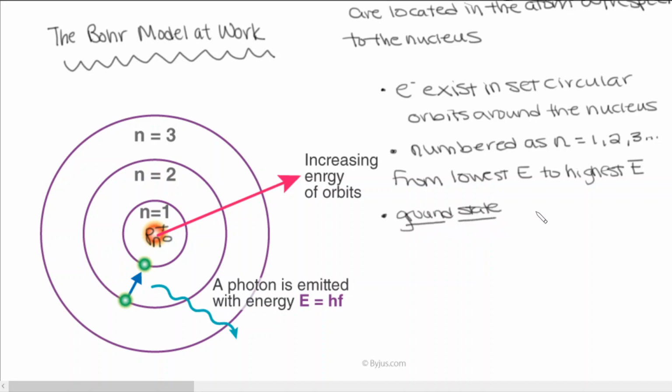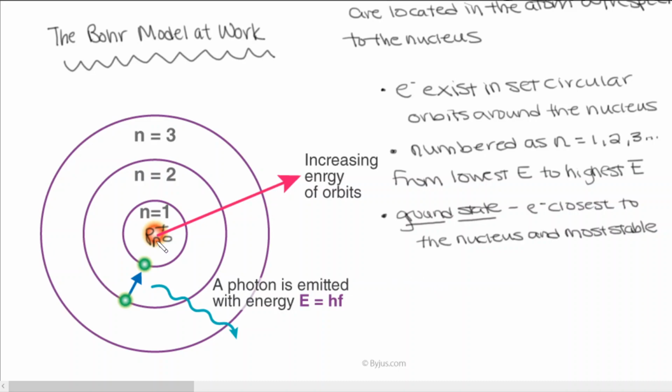When electrons are in their ground state, they are closest to the nucleus and these are the most stable. And that makes sense, right? Because the negatively charged electrons are attracted to the positively charged protons in the nucleus.